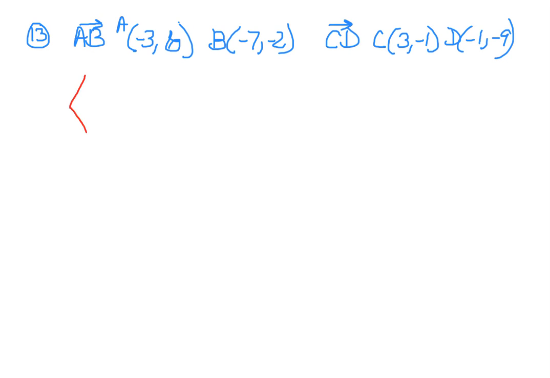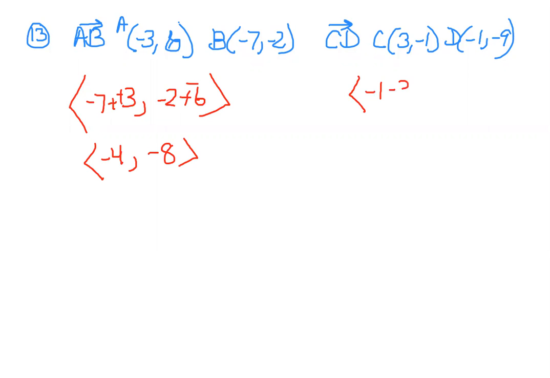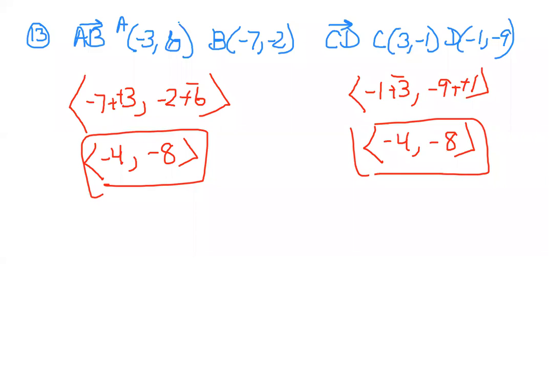AB is terminal minus initial, which is (-4, -8). Over here for CD, terminal minus initial, which is (-4, -8). They have the same component form, so we can say that AB equals CD. The vectors are the same.